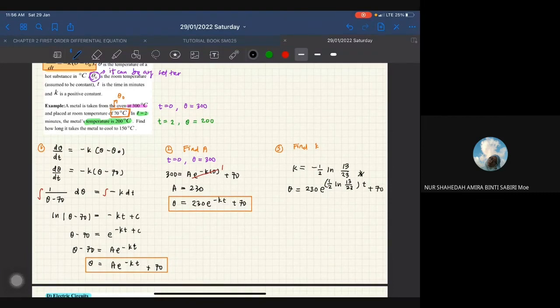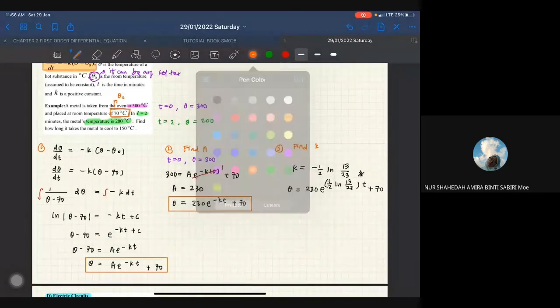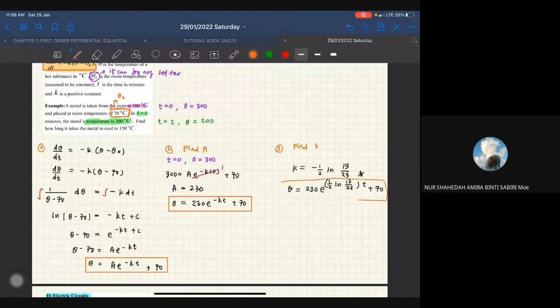Okay, so ini adalah formula yang kita akan guna daripada sekarang. Okay, sudah. Okay, sikit lagi.